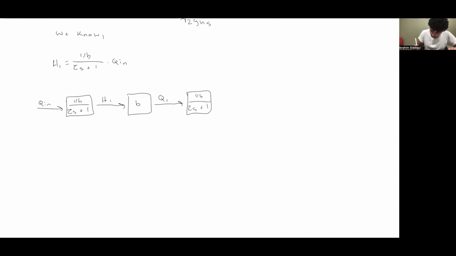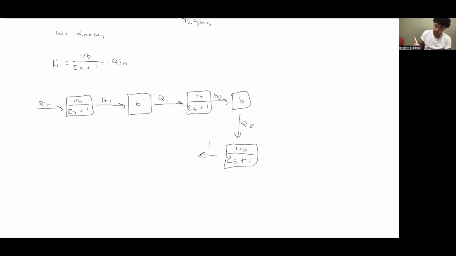And from this, we can see that H2 times our proportionality constant. And from this, we can be looking at our second to third tank. So Q2, and we're going to again have our equation of 1 over B divided by tau S plus 1.